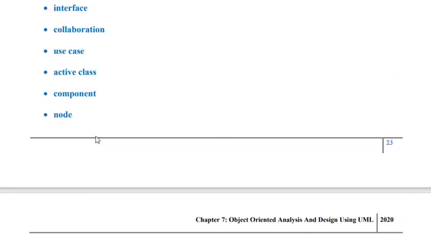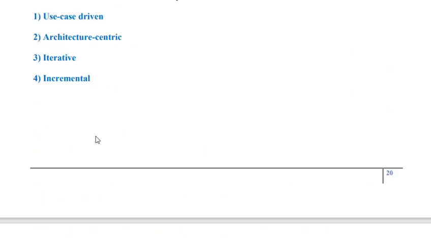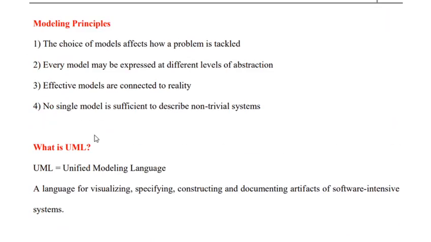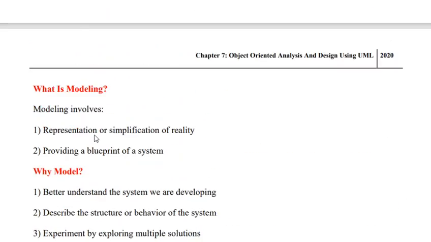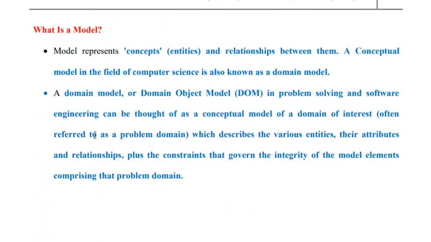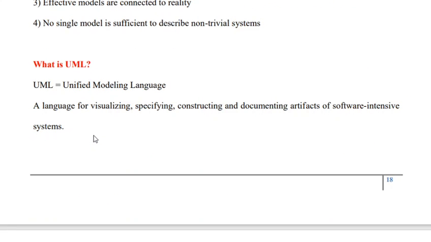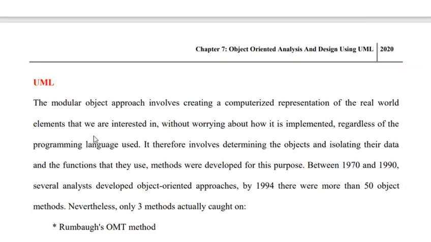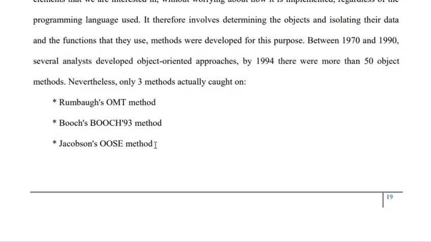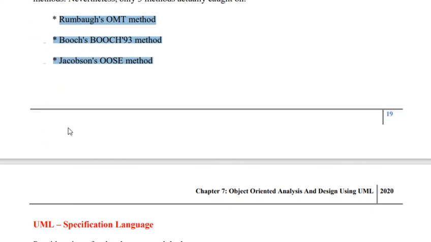So in today's class, we have learned what a model is, what modeling is, and why we need a model. We have learned about UML as a mechanism for specifying, visualizing, constructing, and documenting software-intensive systems. We have learned why it's called UML: because it's formed after the unification of three concepts related to the object-oriented software development paradigm, from Rumbaugh, Booch, and Jacobson.